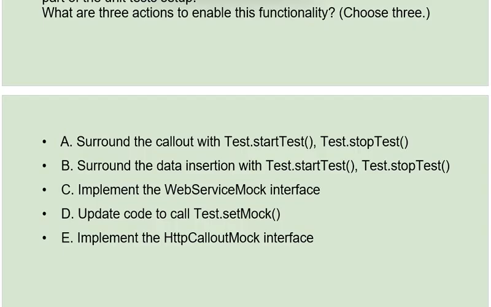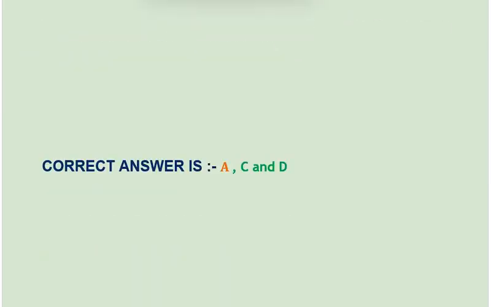Option B, surround the data insertion with Test.startTest function, Test.stopTest function. Option C, implement the WebServiceMock interface. Option D, update code to call Test.setMock function. Option E, implement the HttpCalloutMock interface. Correct answer is option A, C, and option D.